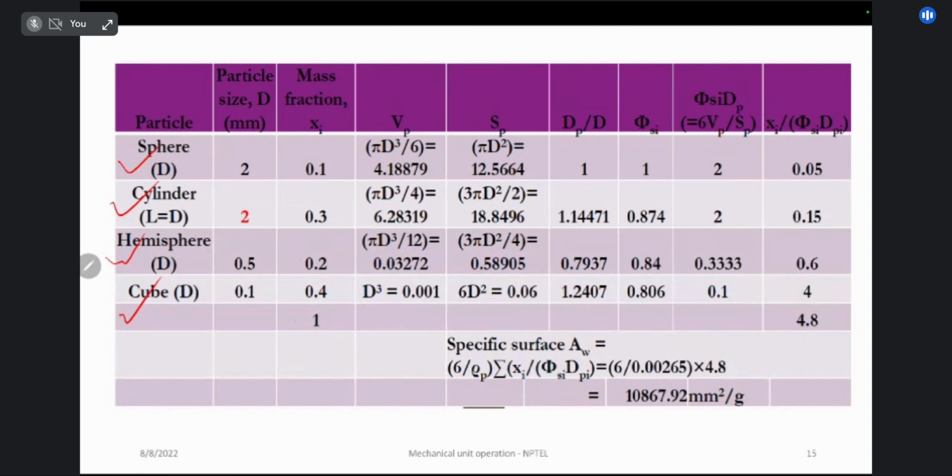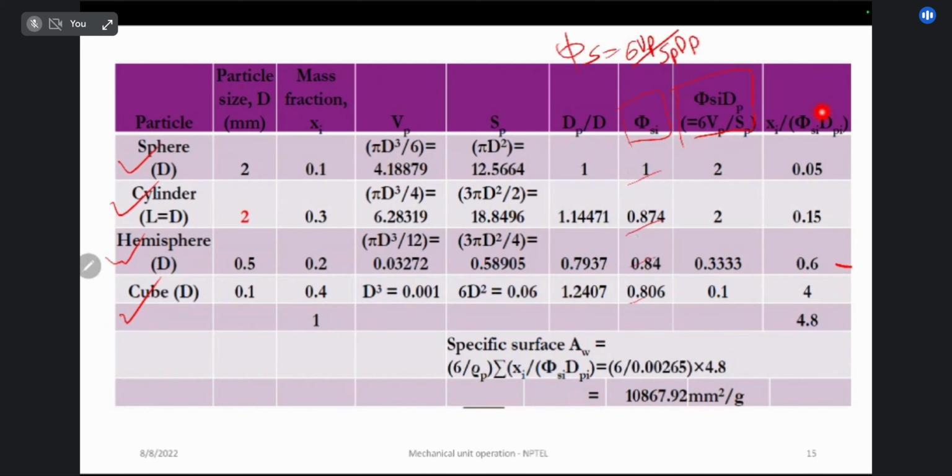Mass fractions are also given. Now they ask to find the sphericity of each and every particle. We already did this calculation in our last session. We know that we can use the equation 6Vp divided by Sp into dp in order to find sphericity, so you can find the sphericity for individual particles.